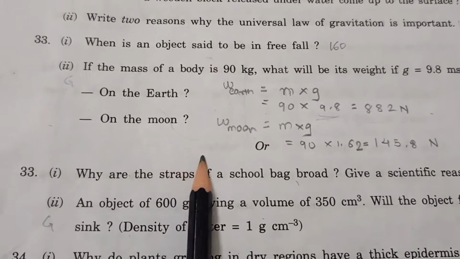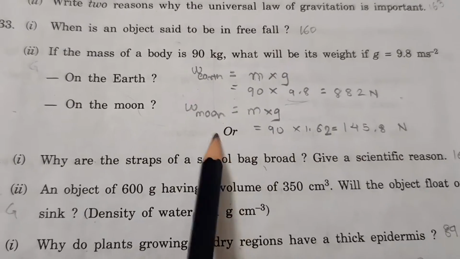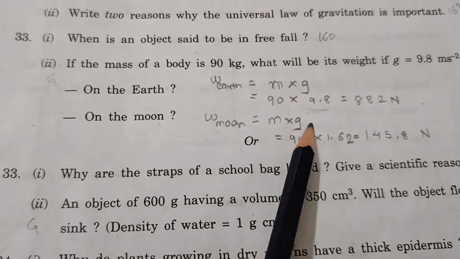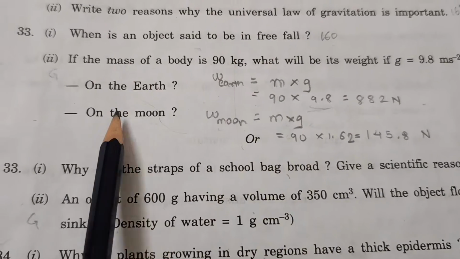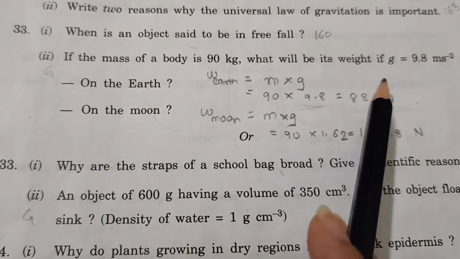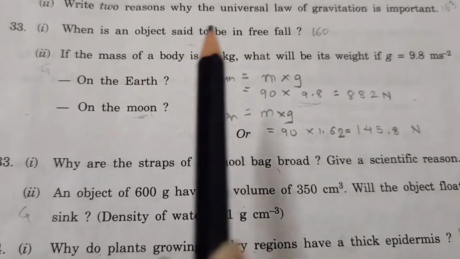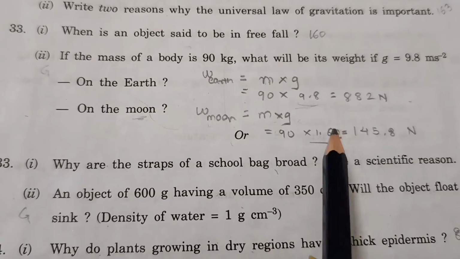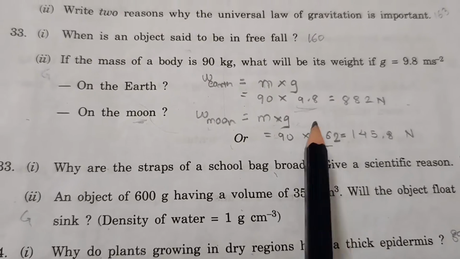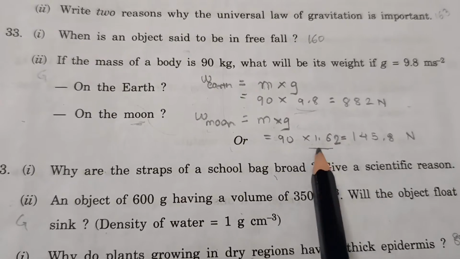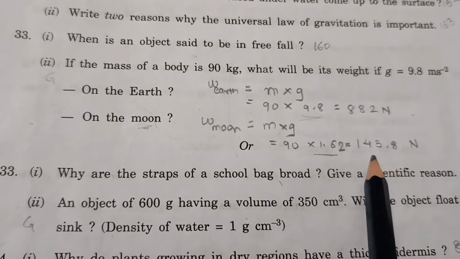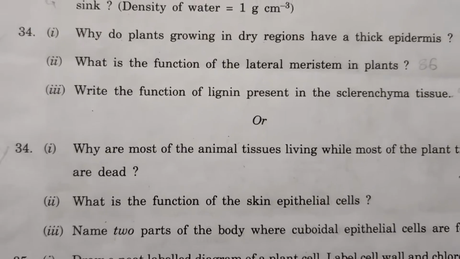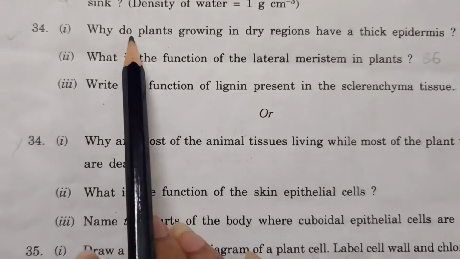And on the moon, the weight is equal to the mass of the body multiplied by the gravitation of the moon. The gravitation of the moon is 1.62 meter per second square. So after solving we will get the answer 145.8 Newton. Moving on to the next question, number 34.